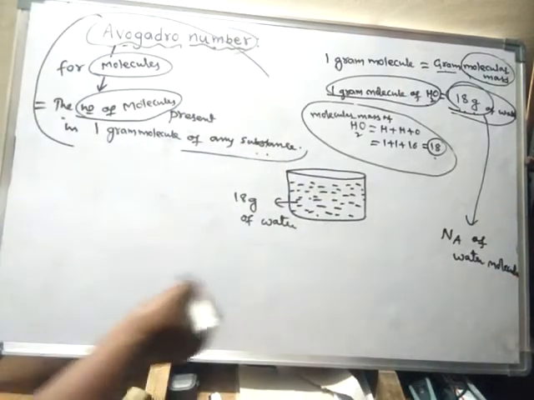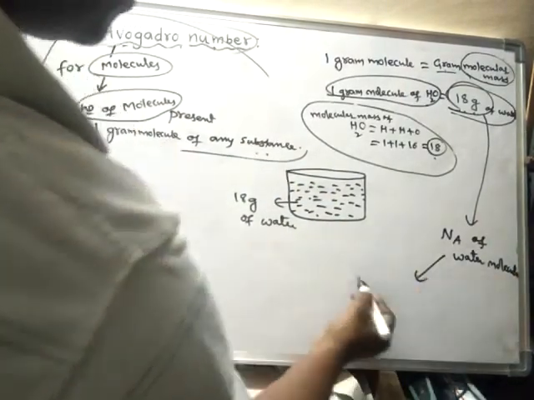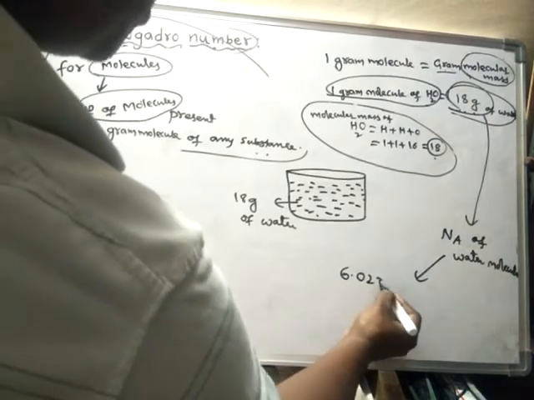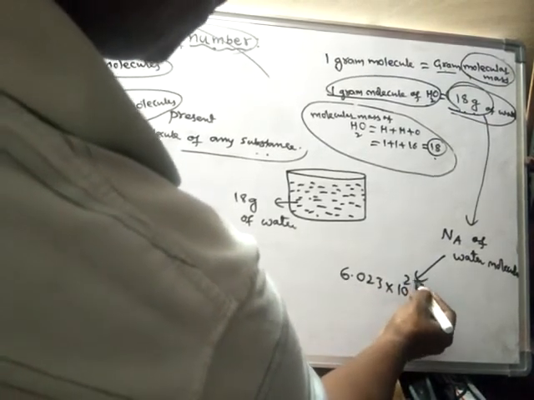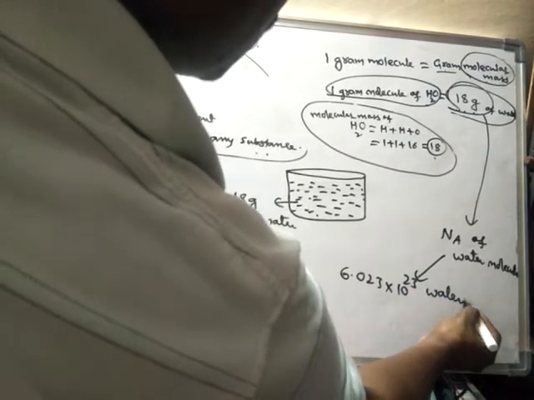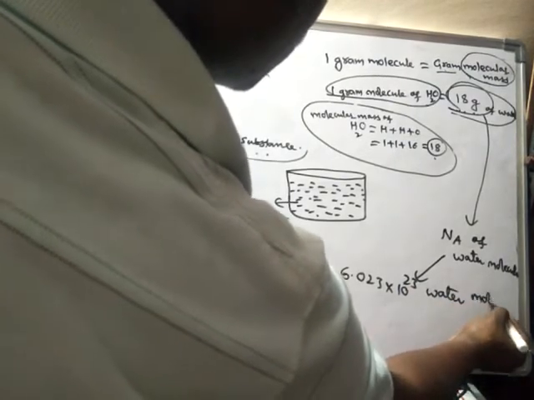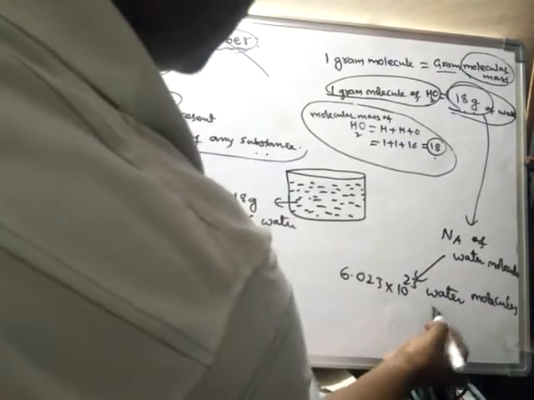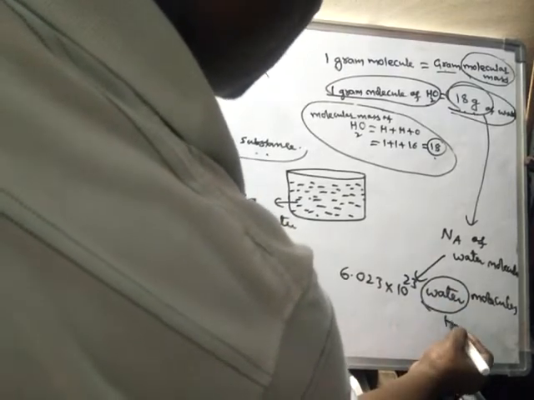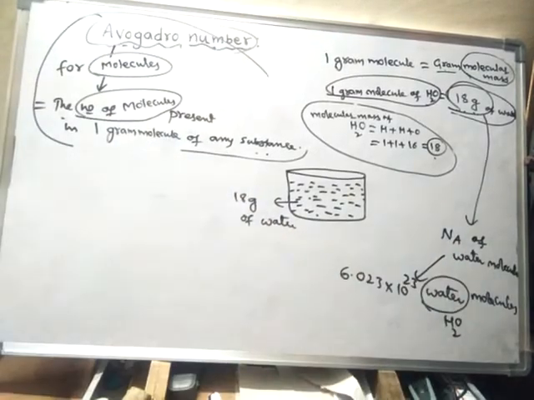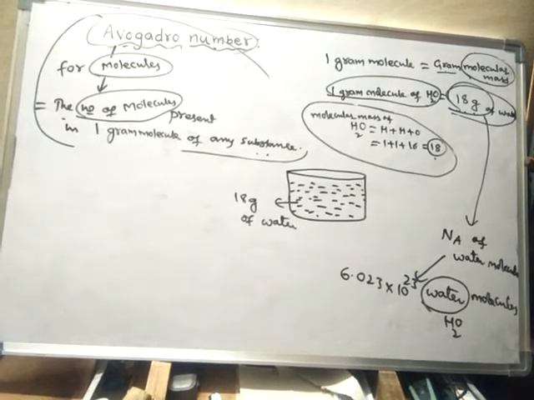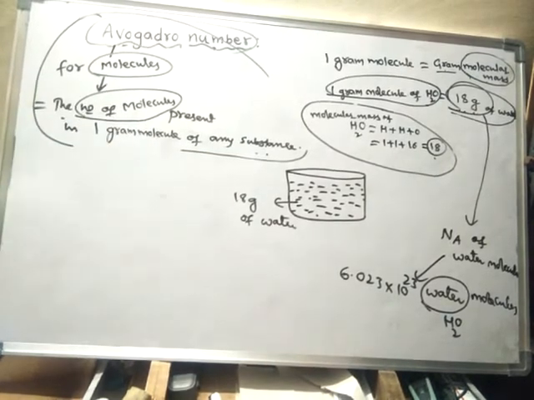How many? 6.023 into 10 to the power of 23 water molecules, or H2O molecules. Like this, this concept can be used for molecules.